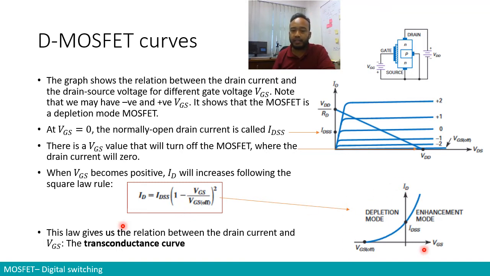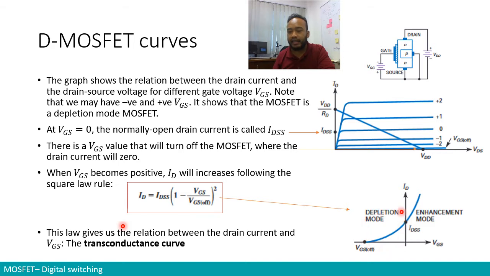This graph is called the transconductance curve. It shows how much drain current we can have as we supply different values of VGS. We have VGS off over here, where we have minimum, close to zero current, and then as we increase VGS, ID increases.